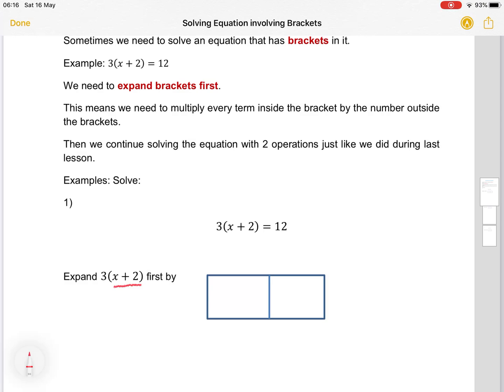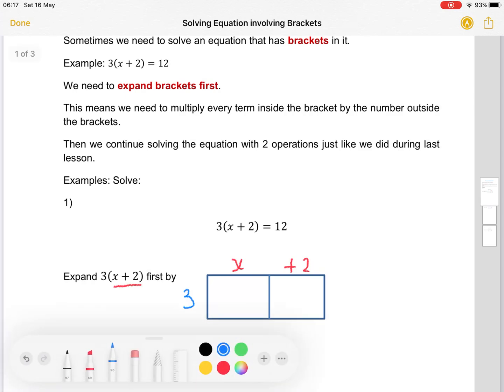Split it into two because we have two terms inside the bracket. We have the x, all right, and the plus 2, okay? And we're going to multiply those two by the term outside. So I'm going to put the term outside the bracket as the width of the rectangle.